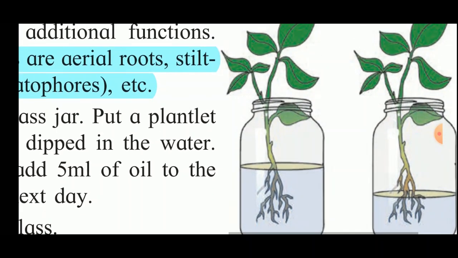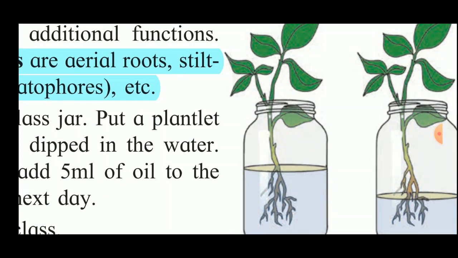Take a glass jar, fill it with water, mark the level of the water, and put a few drops of oil. Oil is lighter than water, so it will just float on water. Why is this oil put on the water? So that the water does not escape by evaporation.